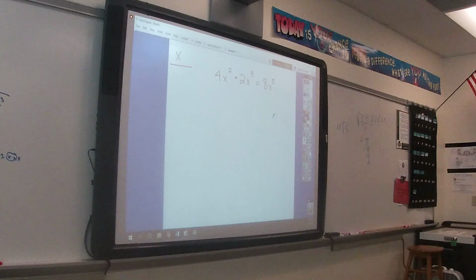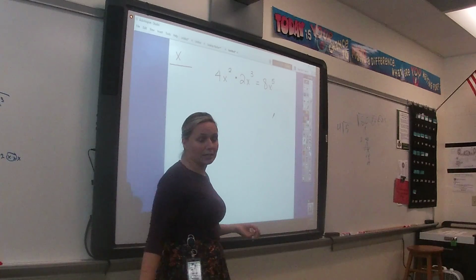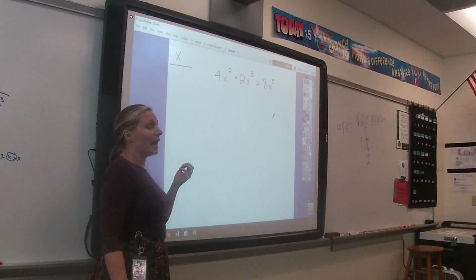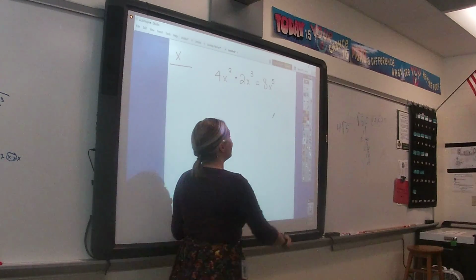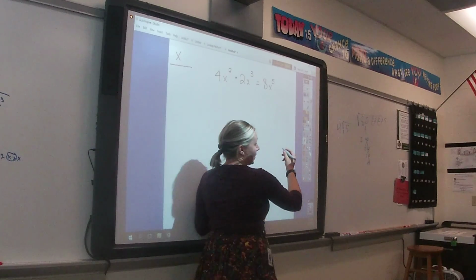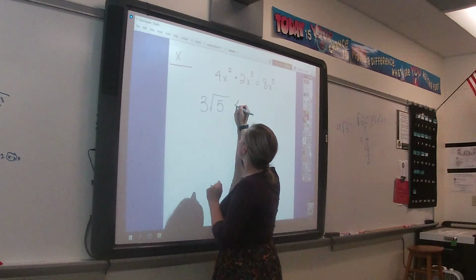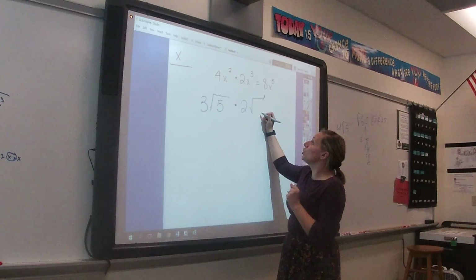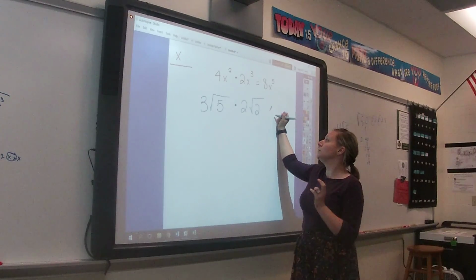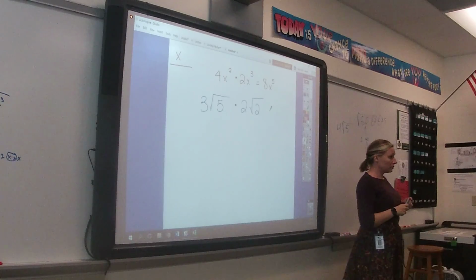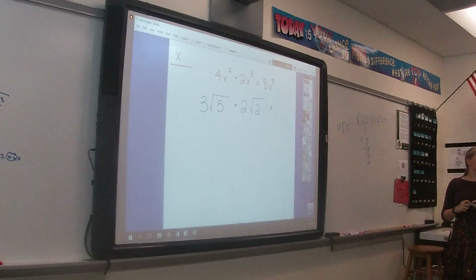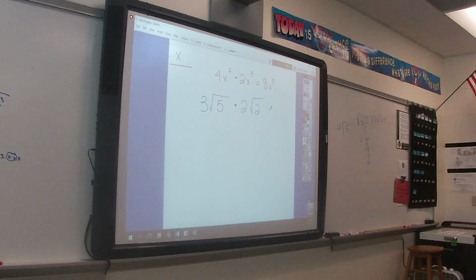Okay, so our multiplication rule with radicals says it does not matter if the number underneath the square root matches. They can have different numbers in the square root and we can still multiply them. So if we have something like 3 square root 5 times 2 square root 2, it's okay that the square roots do not match.